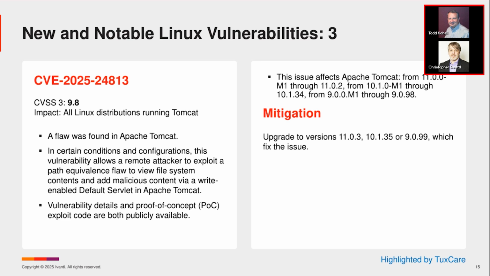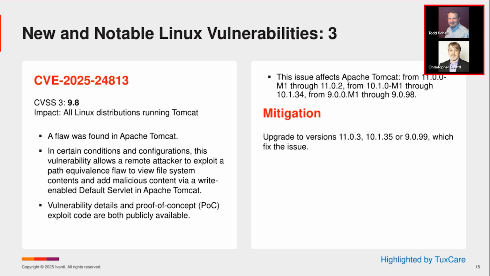The third one that they highlighted for us this month is a vulnerability on Tomcat. Depending on what platforms you're running it on, wherever you're running your Apache Tomcat instances, this is a vulnerability that I believe has been actively exploited. The first articles that I saw around this were published towards the end of March, but this vulnerability has been actively targeted.